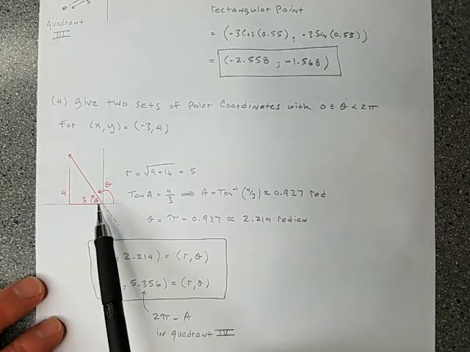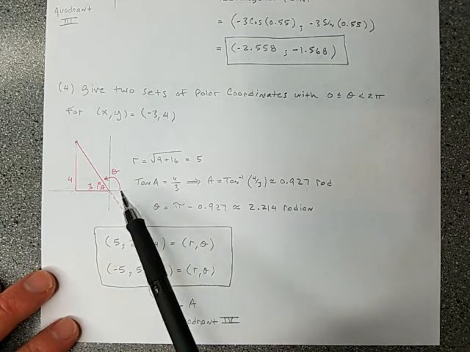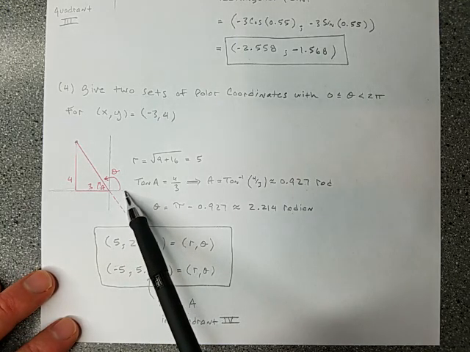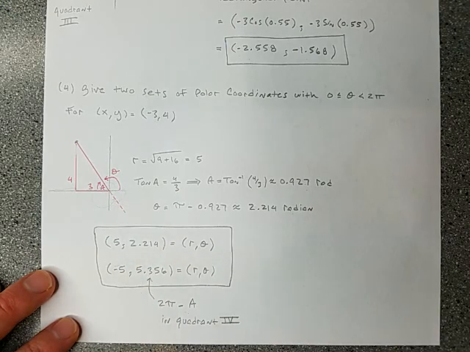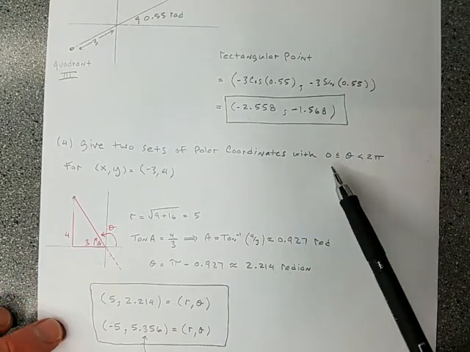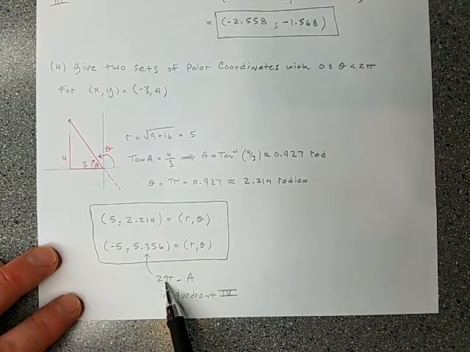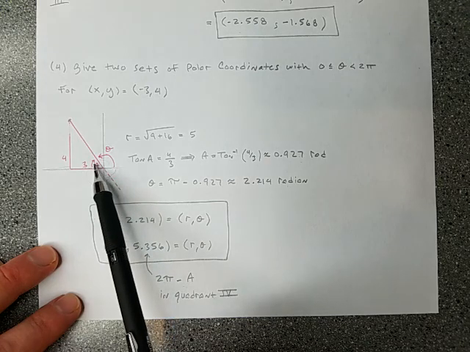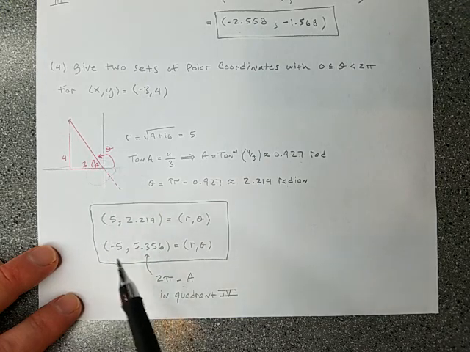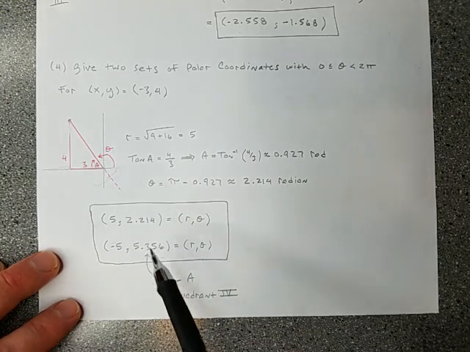Is there another way? It said give 2 sets. Is there another way I can do it? Well, what if I rotated like that? Okay, or what if I rotated around here like that? Since it said to give two coordinates with theta between 0 and 2 pi, I'll take 2 pi minus this angle A right here, okay? 2 pi minus angle A. That will be this angle here in quadrant 4, 5.356 radians.